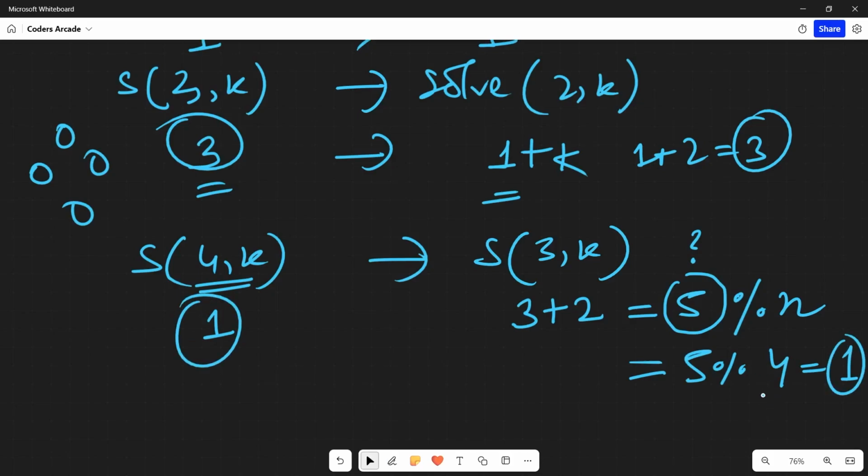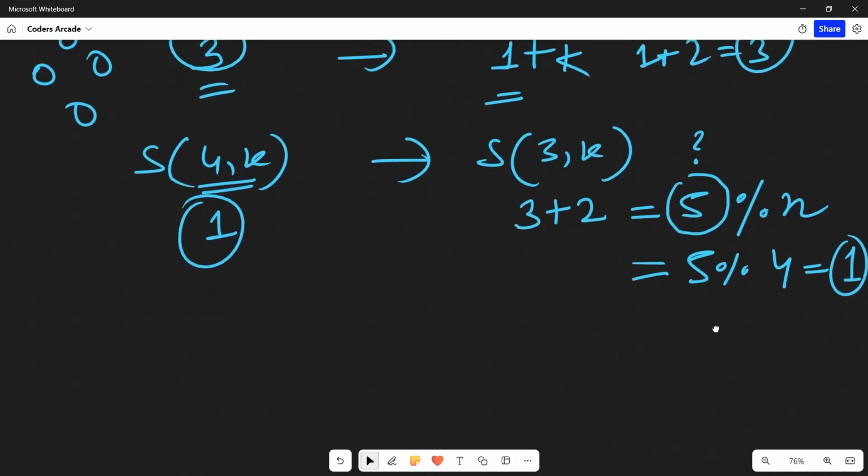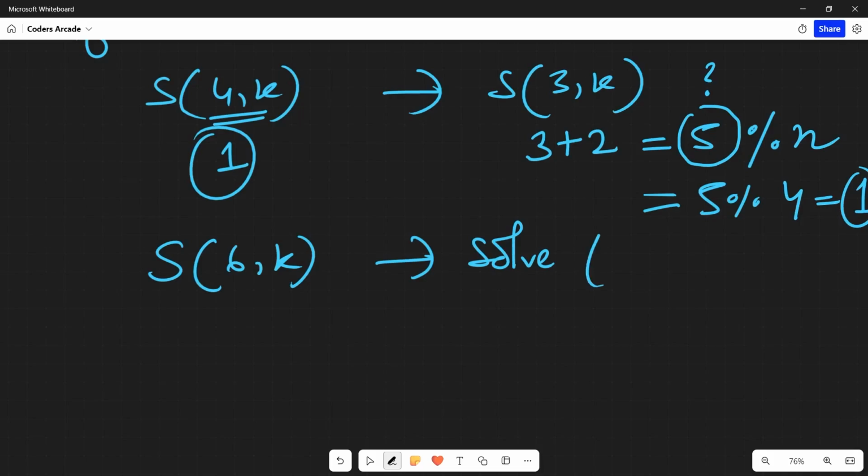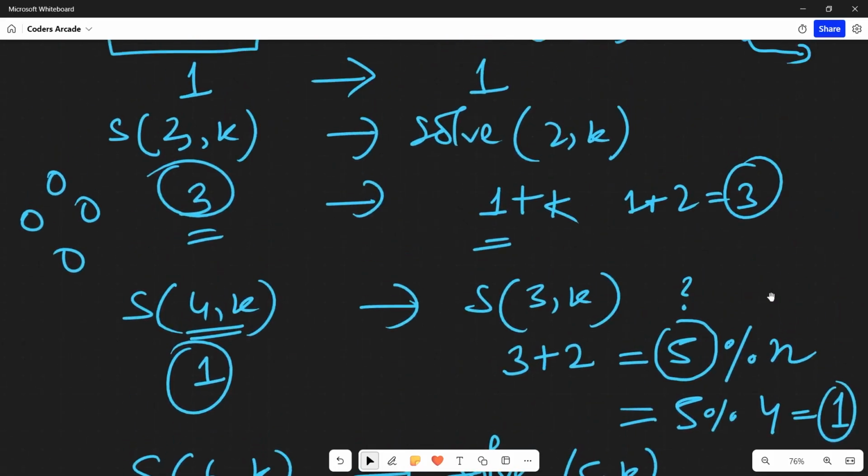Now you can see this 1 is actually related to this one. Make sense? Let's verify for the last one as well. We also saw solve of 6 comma k; is it related to solve of 5 comma k? So the 6 comma k value is what? We saw that it was 5, right? Let me confirm that once again from the table.